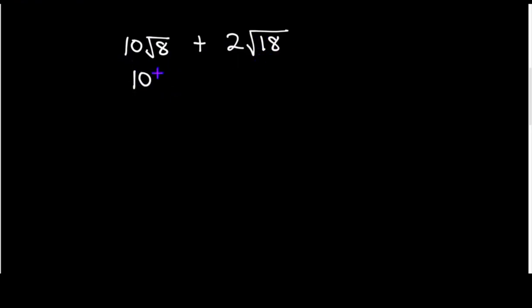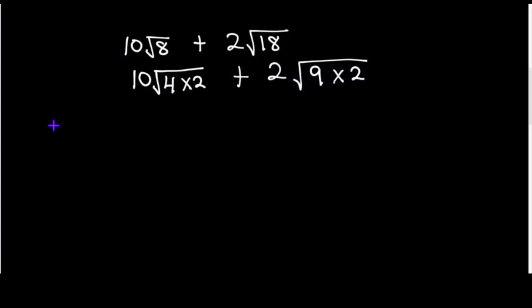This gives us 10 square root 4 times 2 plus 2 square root 9 times 2.